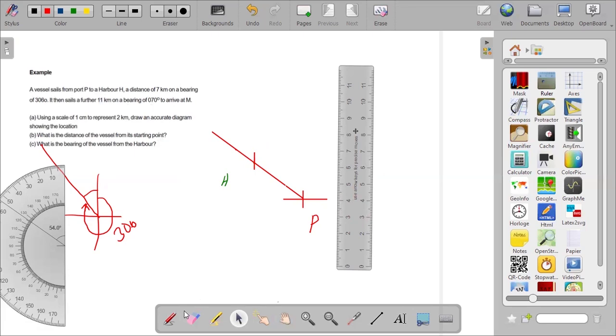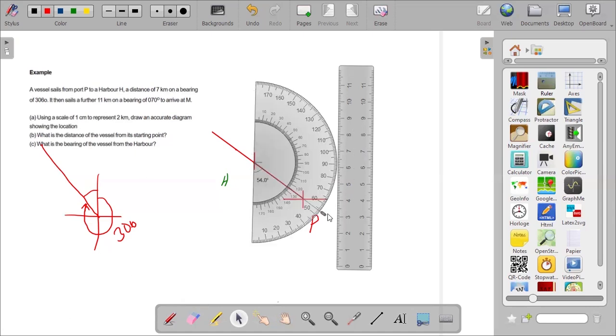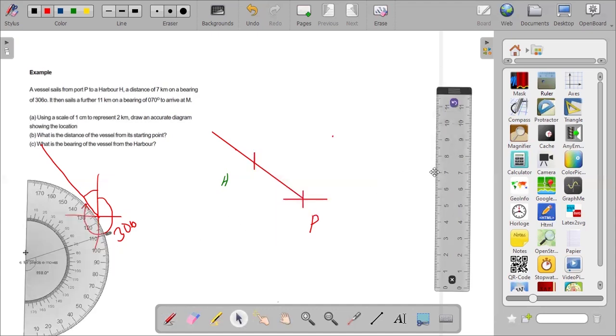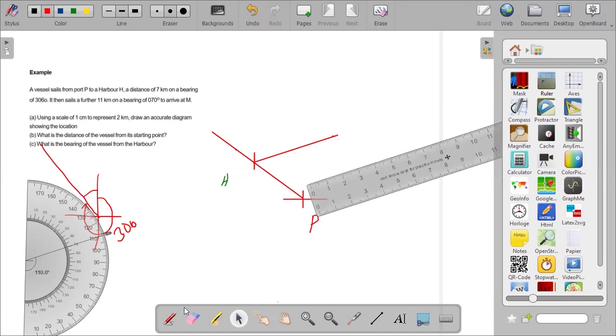From the North, to measure 70 degrees from this vertical line here. So using a protractor, 70 degrees, we are coming from the North. I'll put a point there, and then connect that point to harbor H.